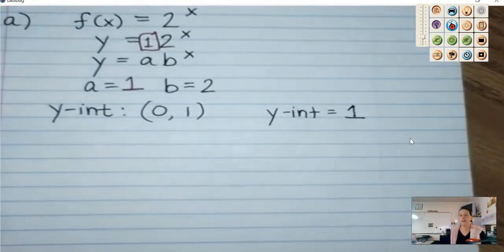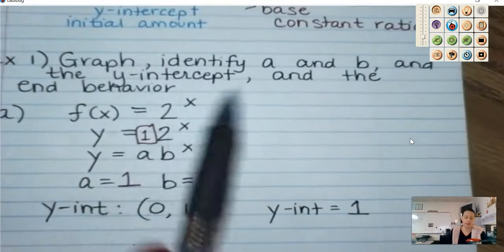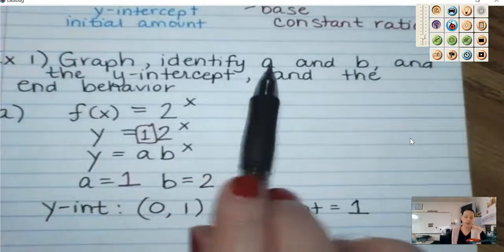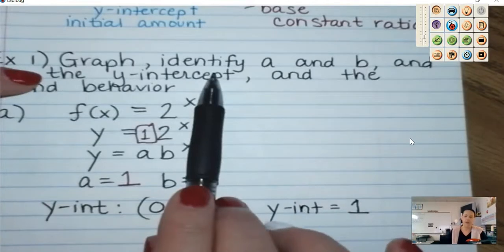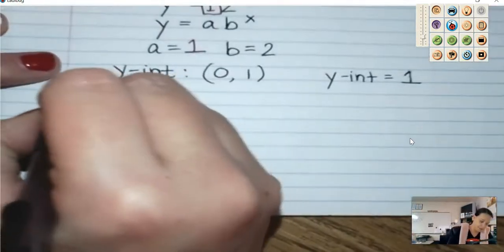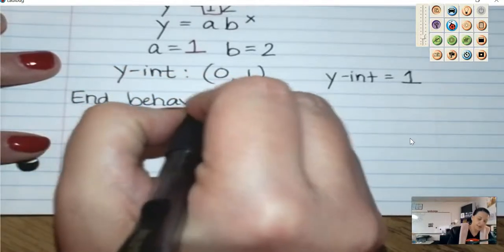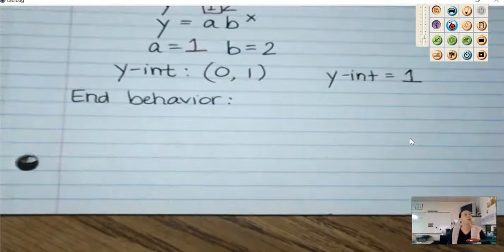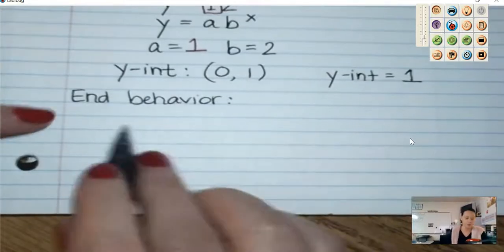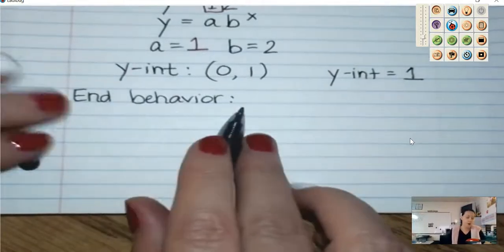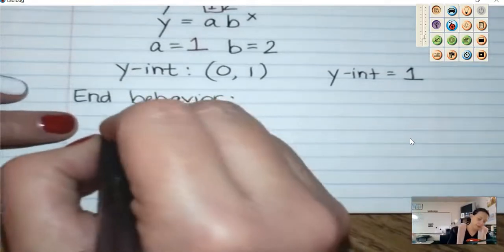Okay, now this is the part that's probably the hardest of the whole lesson. So we graphed, we figured out A, we figured out B, we did the y-intercept. It's the end behavior that gets a little confusing. So it's really asking about domain and range. And I know that's always a hard concept for algebra. Here's how we are going to write end behavior for this lesson.